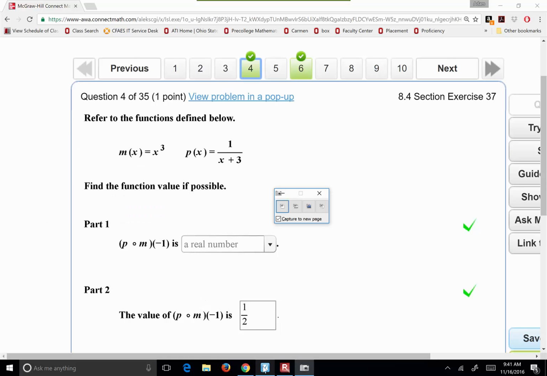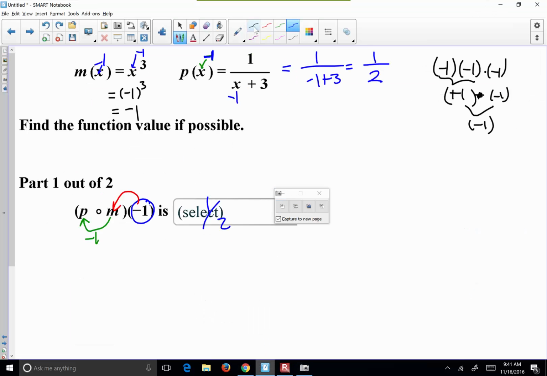Alright, let's work on a different question. Why don't we take M out first? M circle P of -2.